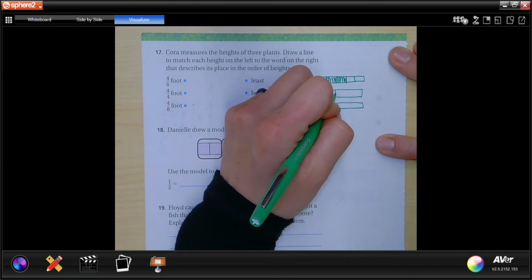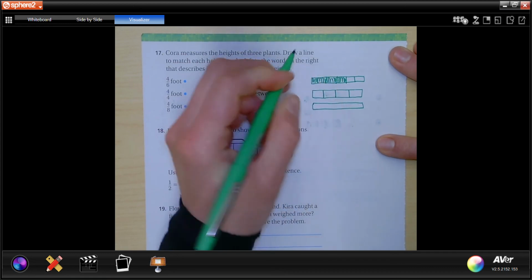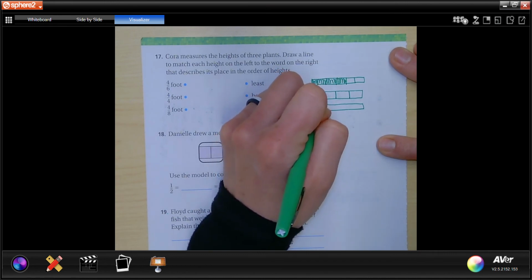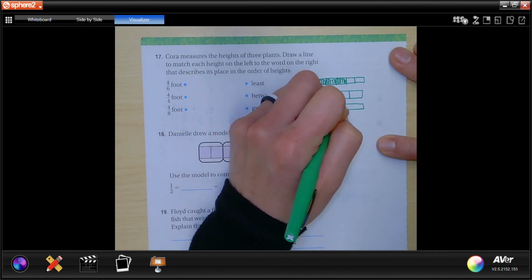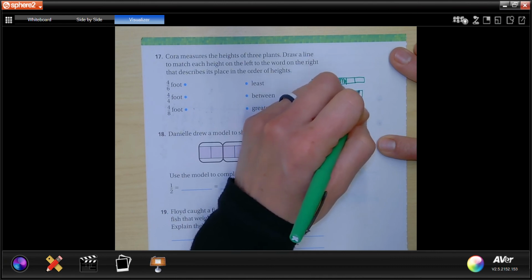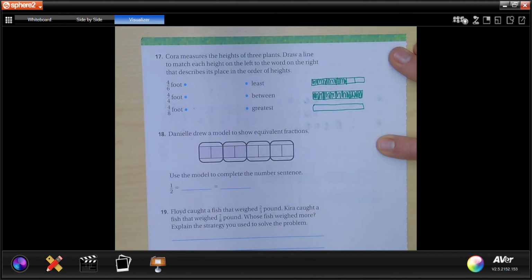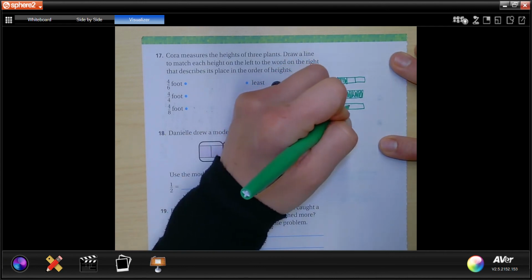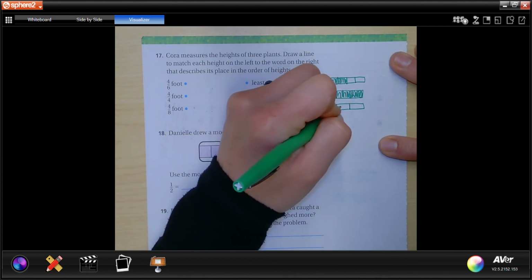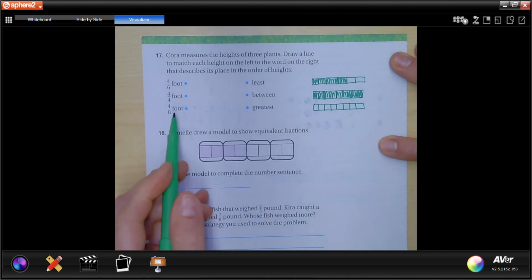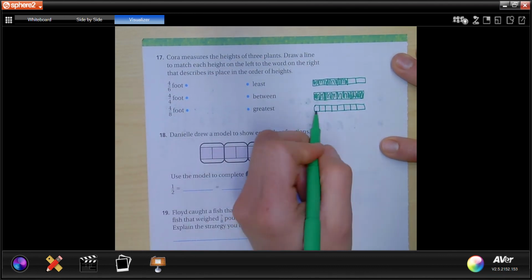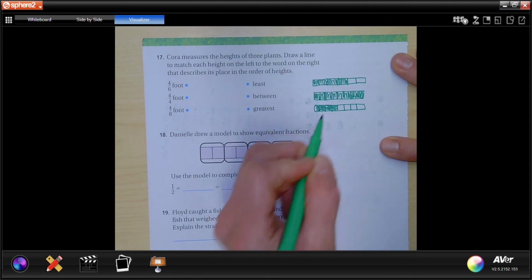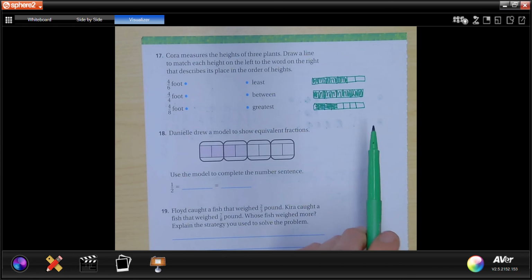4/4, so we're going to turn this into fourths, so 4 equal parts. So 4/4 of a foot, 4 out of 4. 1, 2, 3, 4 out of 4. Look, that's the entire whole. And then 4/8, so we're going to turn this into eighths. Okay, so 4/8, so 1, 2, 3, 4. Alright, which one has the least?